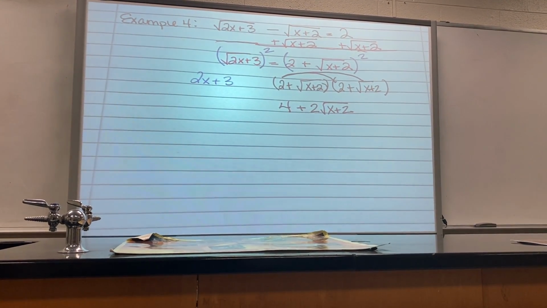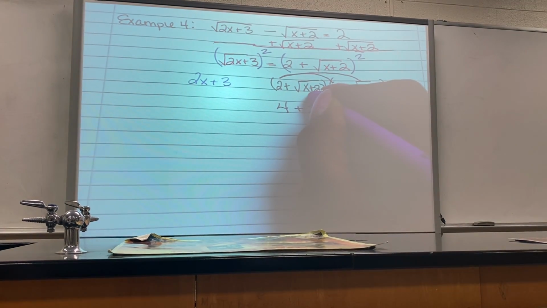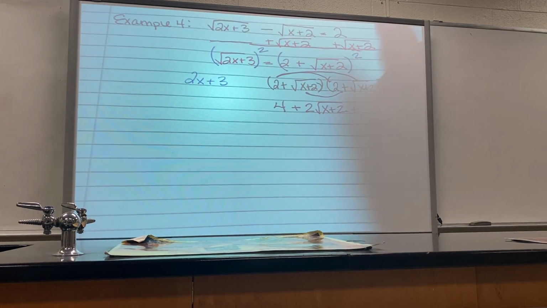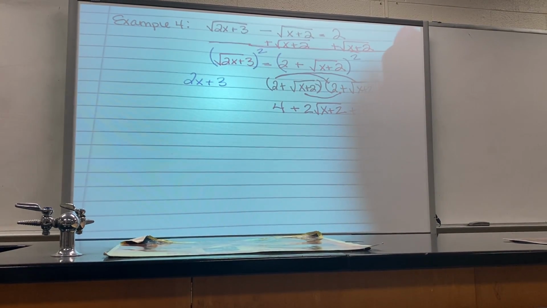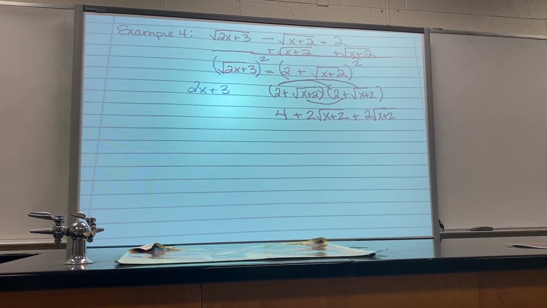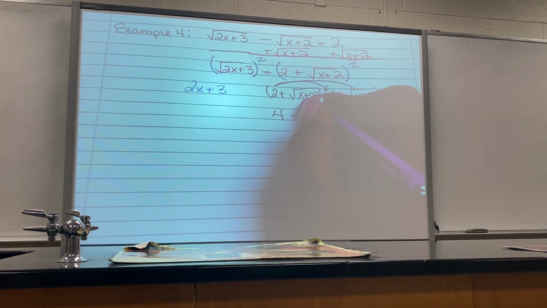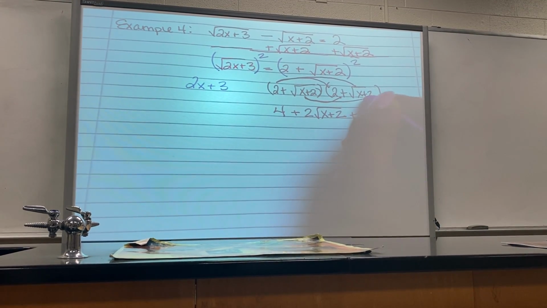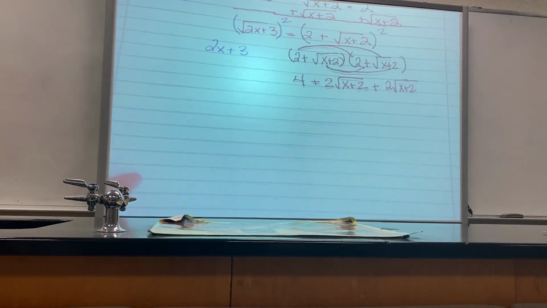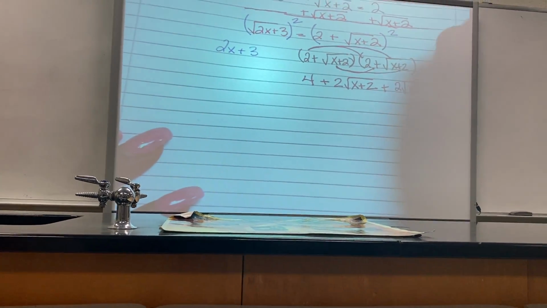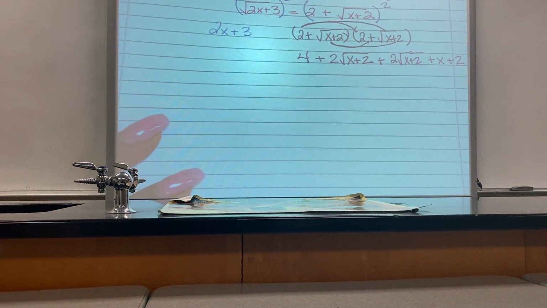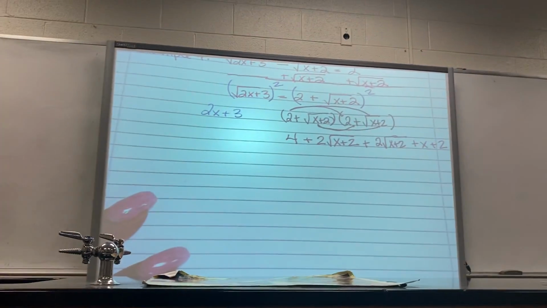Now I'm going to take the square root of x plus 2 from the first one, multiply it here. So I have another 2 times the square root of x plus 2. And then when I do the square root of x plus 2 times the square root of x plus 2, that's just like squaring it. So it simply becomes plus x plus 2 with no root. Because since I multiplied it by itself, the root is gone.